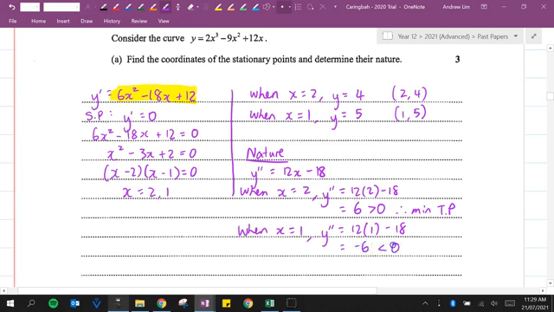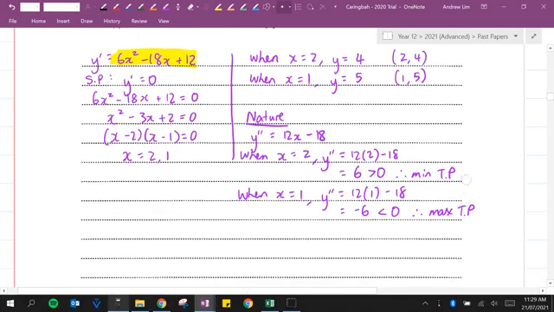That's less than 0, and therefore that's a maximum turning point. To conclude, (2, 4) is a minimum turning point, and (1, 5) is a maximum turning point.